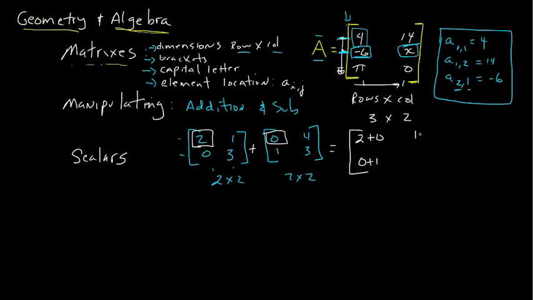And then we have 1 plus 4. And we have 3 plus 3. So that's actually 2, 1, 5, and then 6. So this would be the sum of these two matrices.